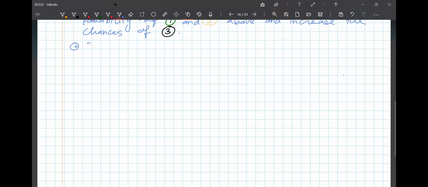Okay, in transistors, the thickness of the base is very small.